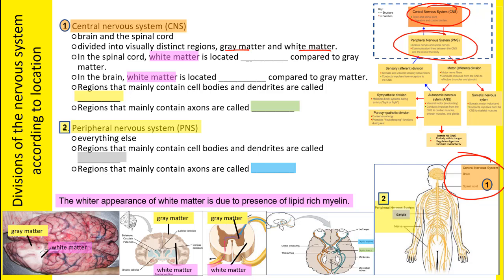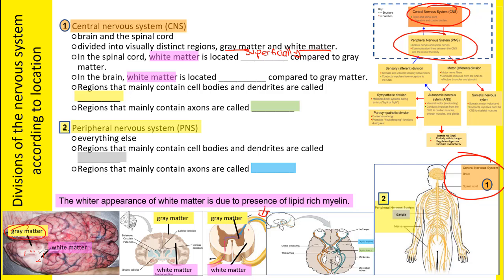The reason for the visual division within the central nervous system is that there are parts of the brain and spinal cord that look paler or more white than the other parts. The parts that are paler are known as the white matter. The parts that are not so pale are known as the gray matter. In the spinal cord, white matter is located superficially compared to gray matter.